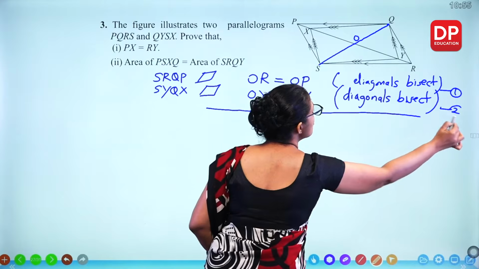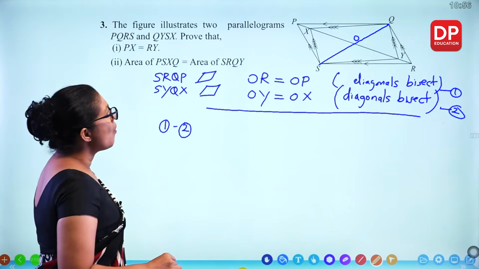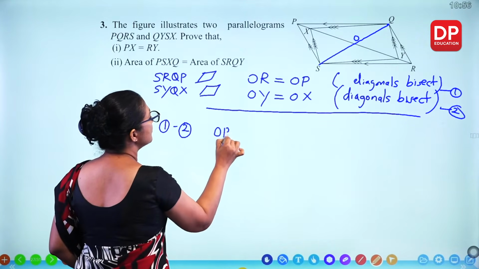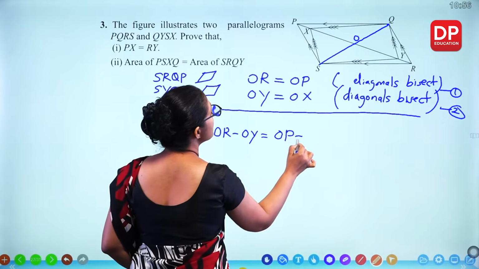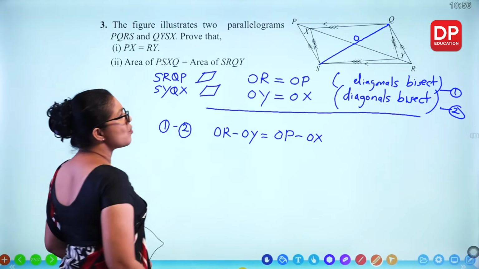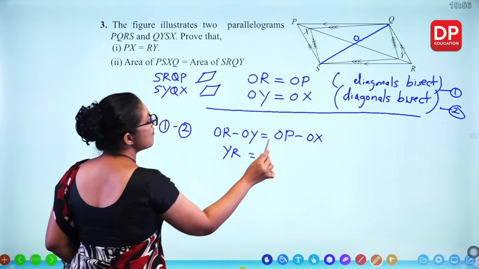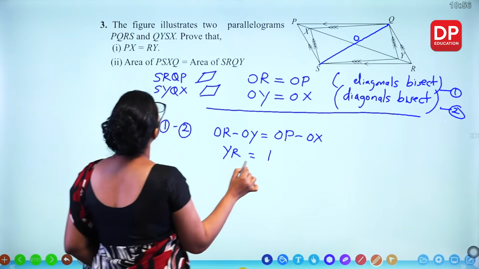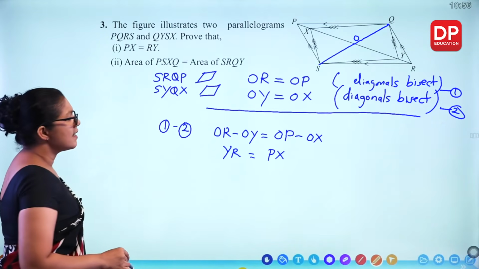We'll take 1, 2 here. 1 minus 2. OR minus OY, OP minus OX. What do you get? OR minus OY, I'm getting YR. If I subtract OP minus OX, I am getting PX. So these two lengths are equal.